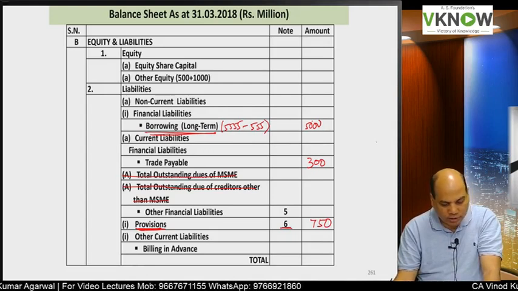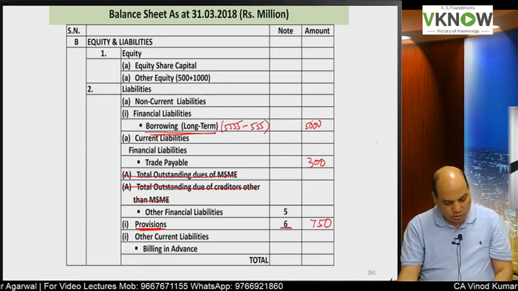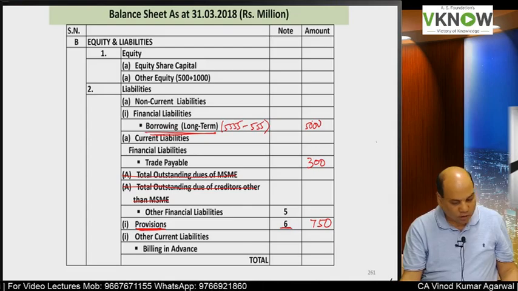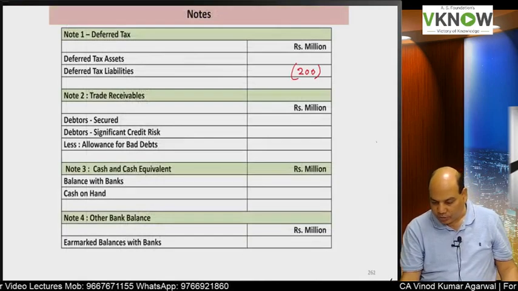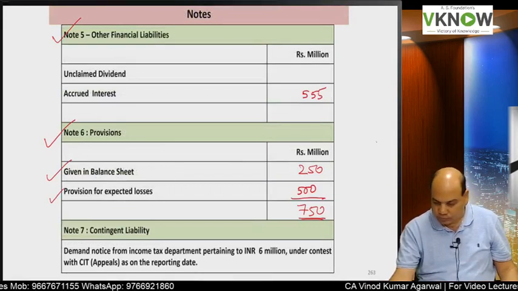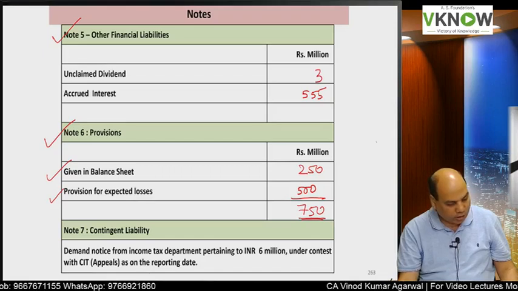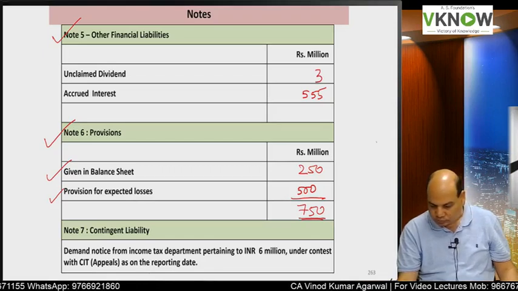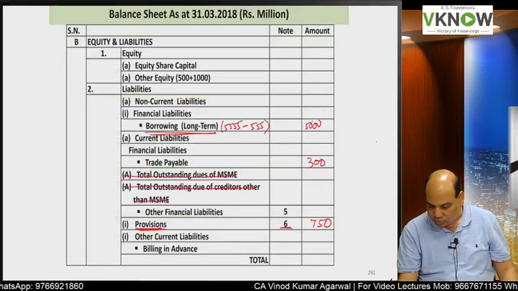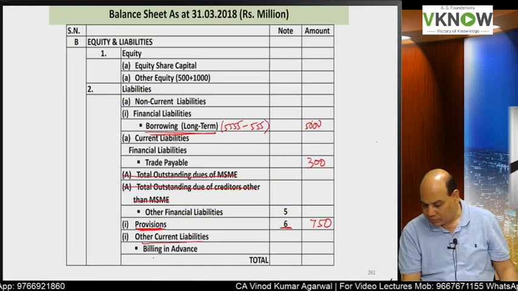Other current liabilities. There is a note number 4 in the question. What is note number 4? Unclaimed dividend. Where will I put that unclaimed dividend? Other financial liability. Amount? 3. And billing in advance, other current liabilities. Do we have a note on that? No. So directly in the balance sheet, there is only one item, so I am writing here.